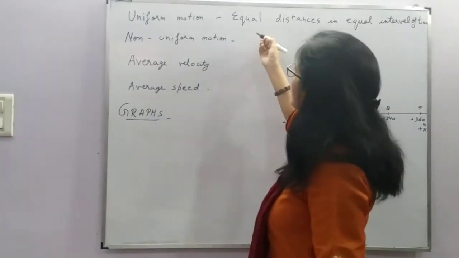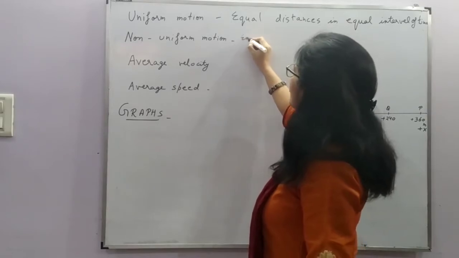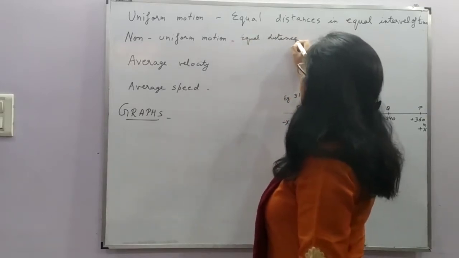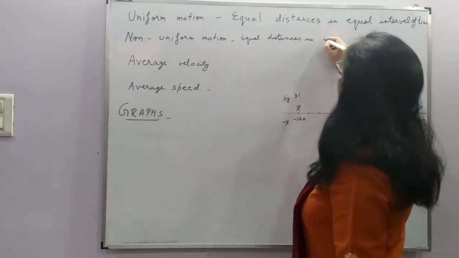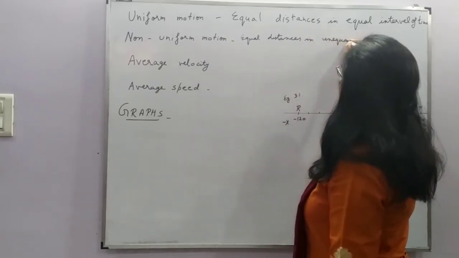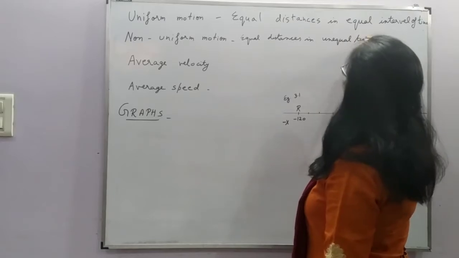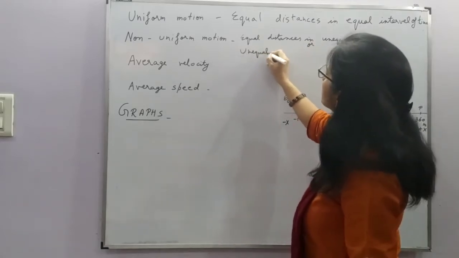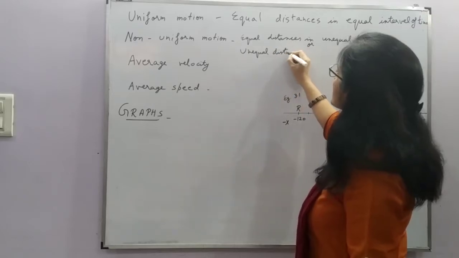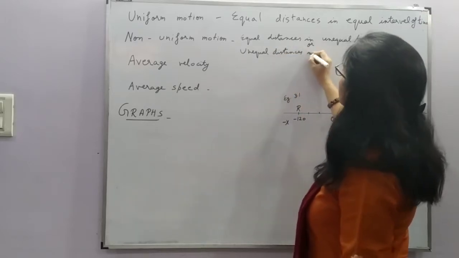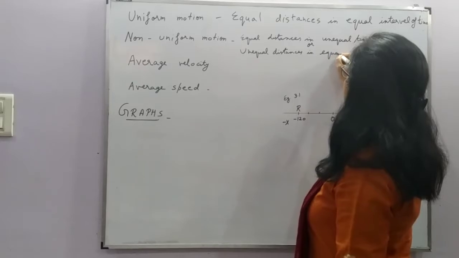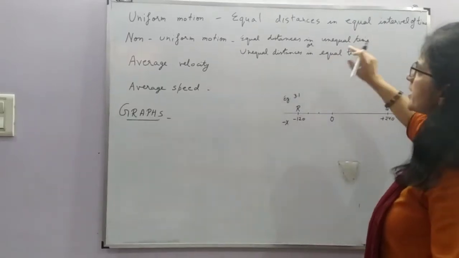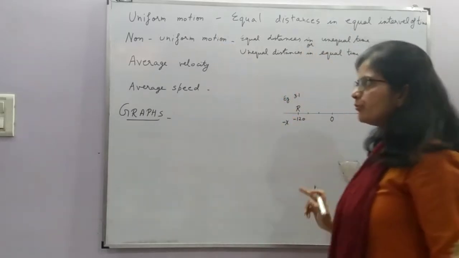And for non-uniform motion, either equal distances in unequal time, or unequal distances in equal time. In both the cases, this is called non-uniform motion.